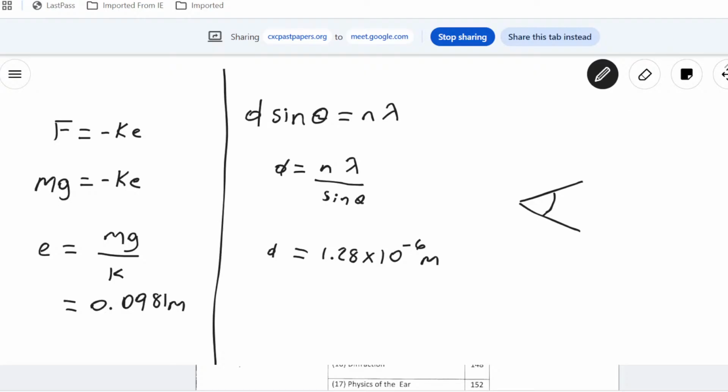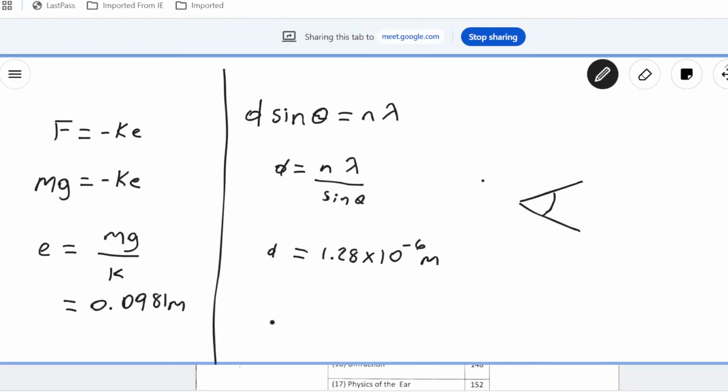All right, find n. So the relationship between d and n is what? They're inverse, so D equals 1 over N and N equals 1 over D. Wait, but what was our D?